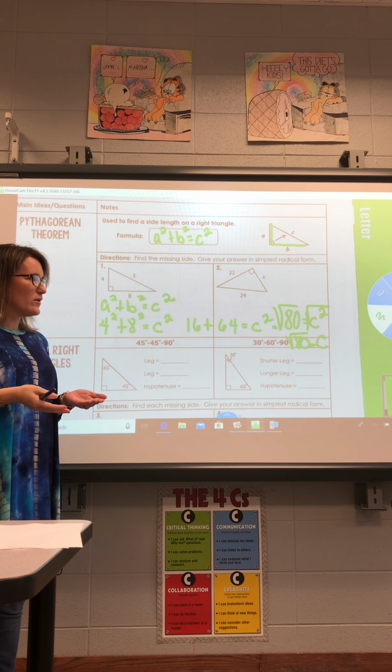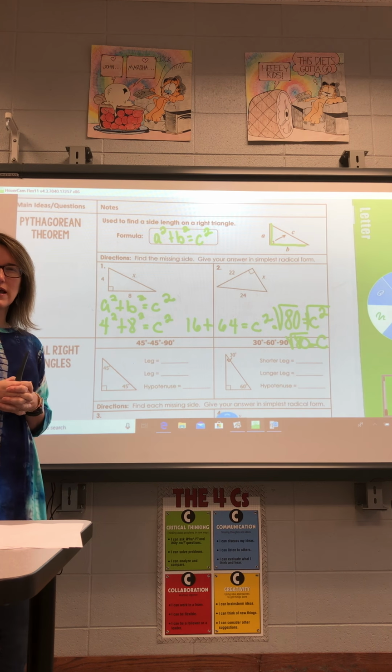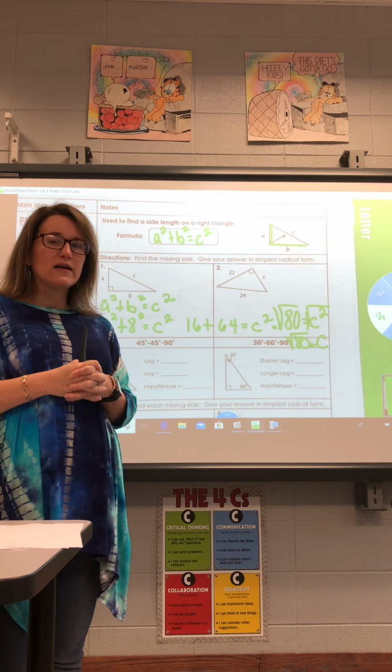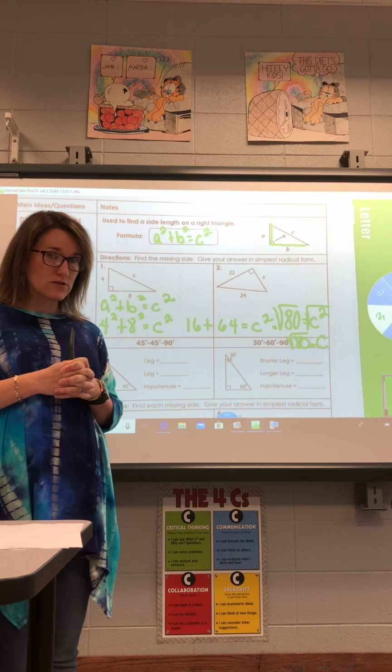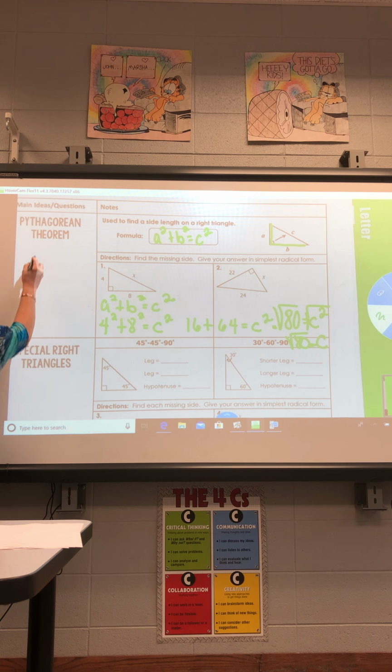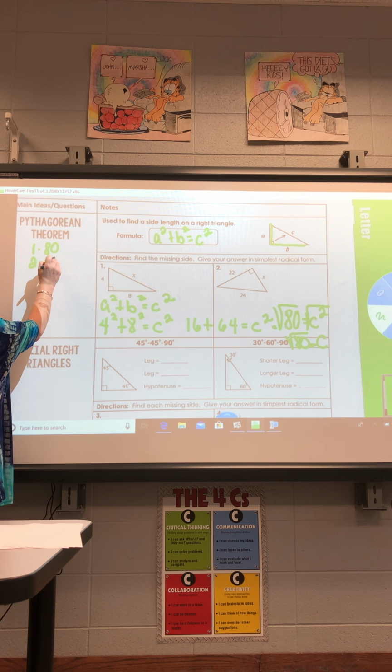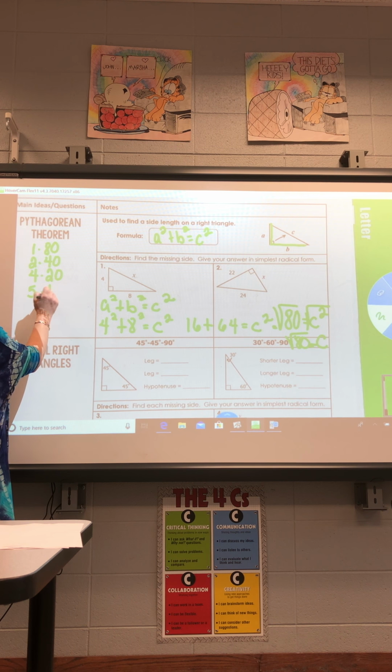Now, the square root of 80 is something that we're going to have to try and simplify. When you deal with these radicals, always make sure the radicals are in simplest form. So if you think about 80, we know that it has factors of 1 times 80, 2 times 40, 4 times 20, and 5 times 16.